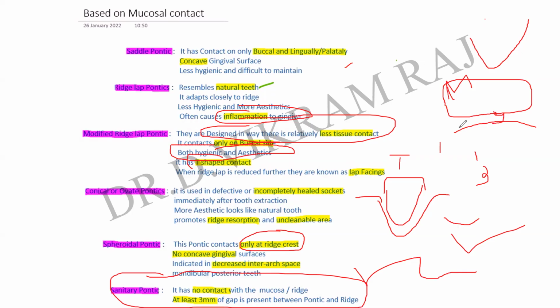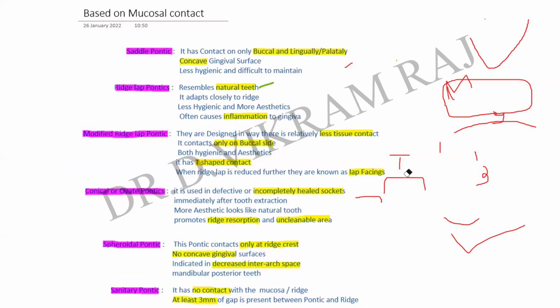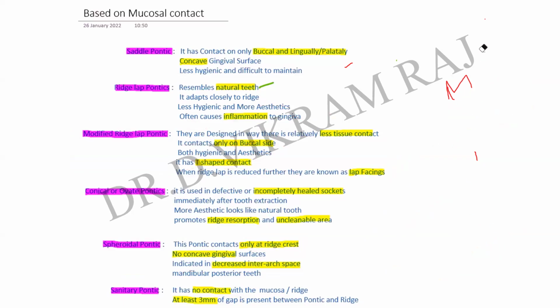So when aesthetics is considered, we will go with a modified ridge lap. This modified ridge lap pontic is the one that we indicate for aesthetics. This is the anterior region, this is the posterior region. We can indicate anyone, but definitely the sanitary pontic is the one that is going to be better.